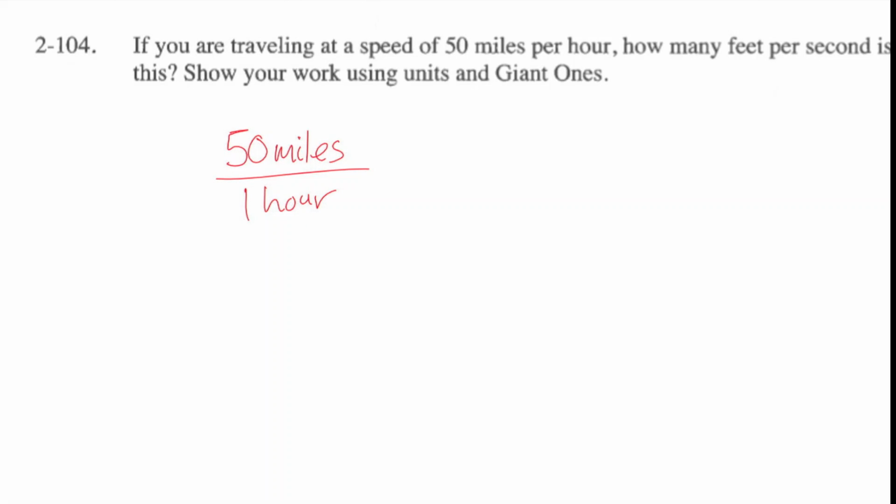Well, let's take care of the time part first. Miles per 1 hour. So I want hours to leave. And if I wish hours to leave, I'm going to put hours in the numerator because they were in the denominator. It says per second, but I'm going to go to minutes first because I know that one. So I know that 1 hour is the same as 60 minutes.